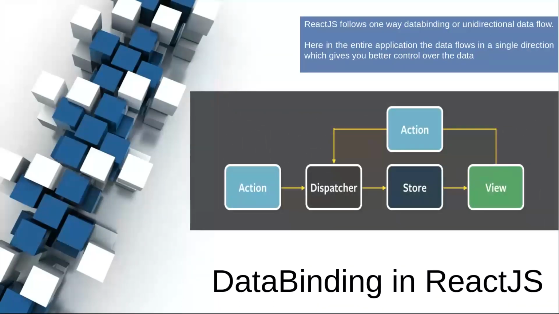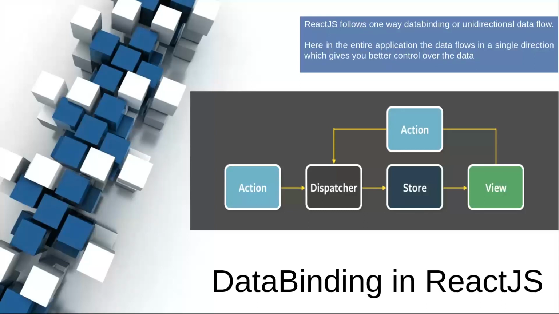In this diagram, we can see a view page. The view is actually the HTML page with React.js and where an action or an event happens. So depending on the events, we generate an action.